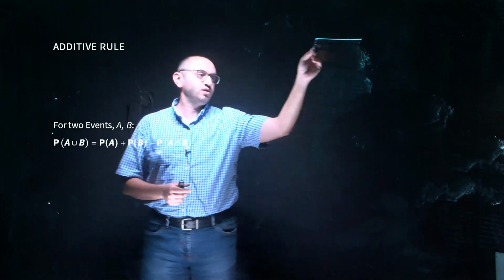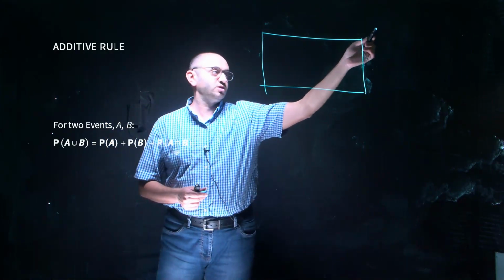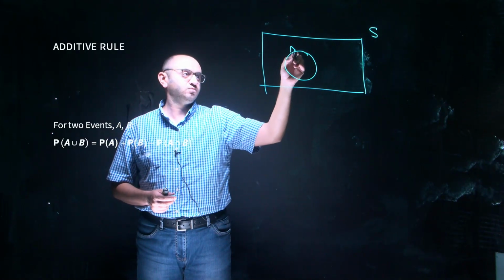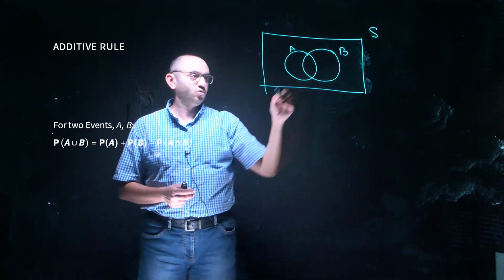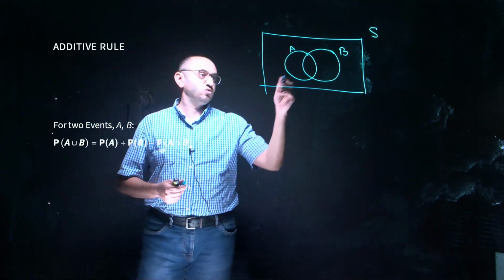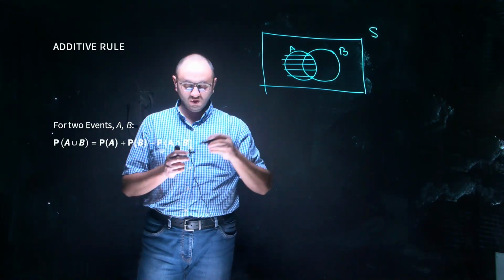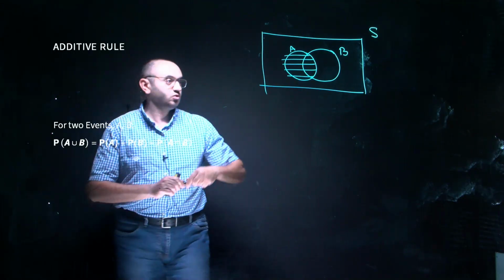If we look at this diagram, this is the sample space. Suppose we have A and B, and we have overlap.